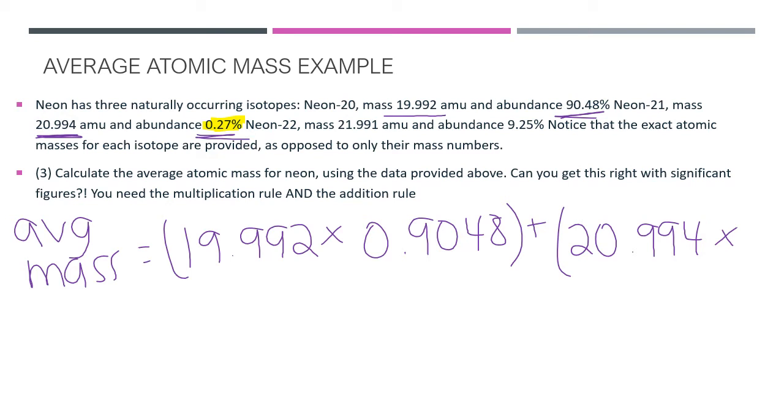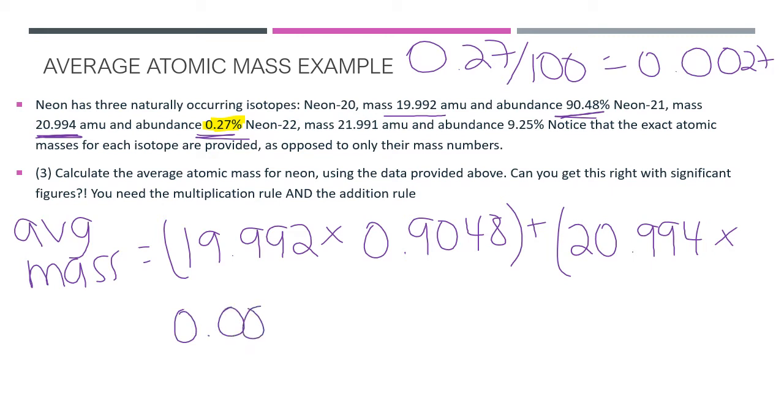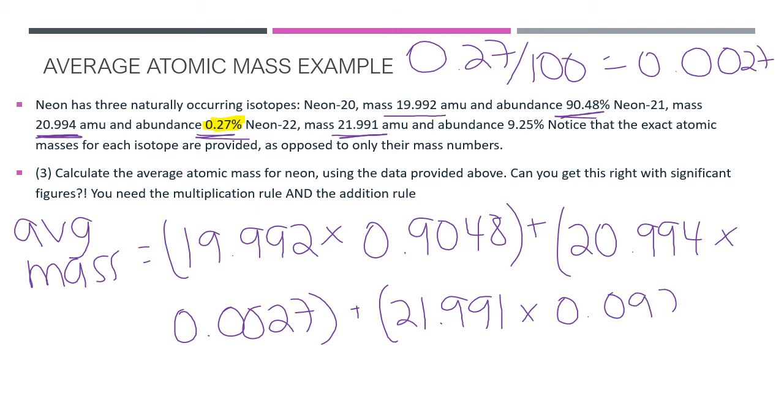Now anytime it's less than like 1, I have to divide it because I'm always scared I'm going to mess up my zeros. So 0.27 divided by 100 is 0.0027. You might be able to do that in your head. I always double check. And then the mass of the last one, plus 21.991 times 0.0925.